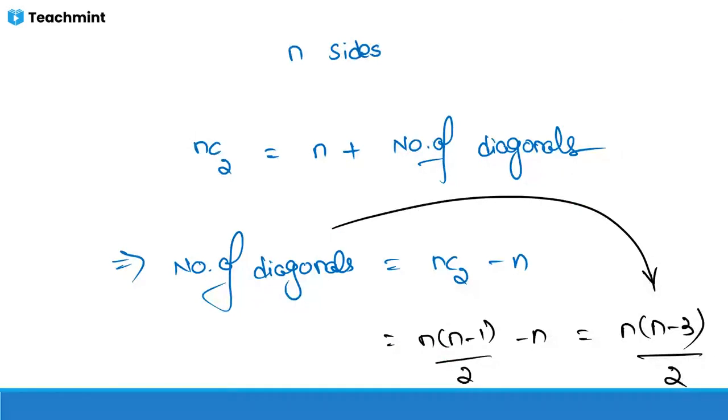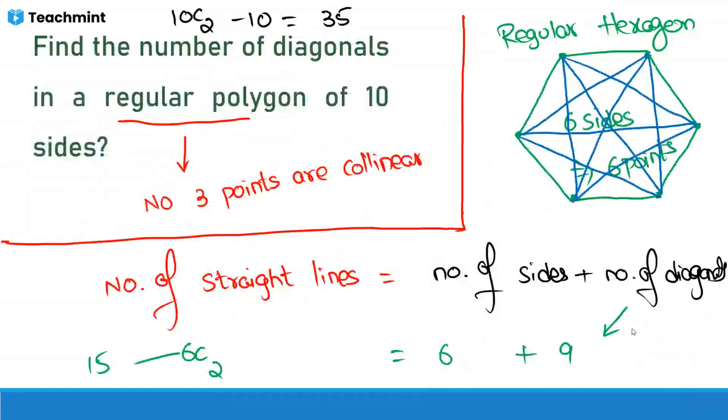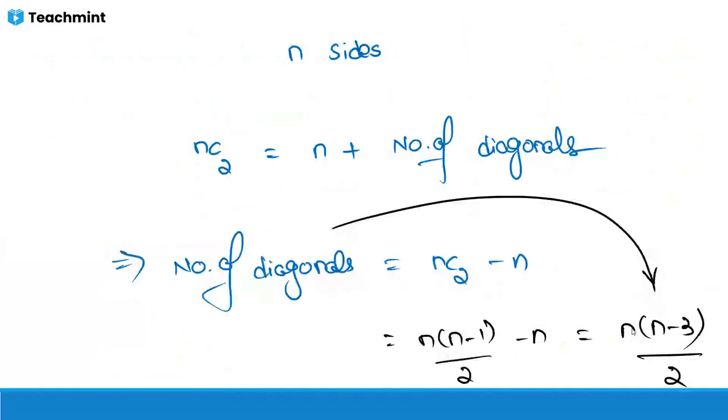Right, superb. Good. Could you explain the concept once? Sure. What we are trying to tell here is, if a polygon is an n-sided polygon, you have n points, my dear. An n-sided regular polygon obviously has n points.